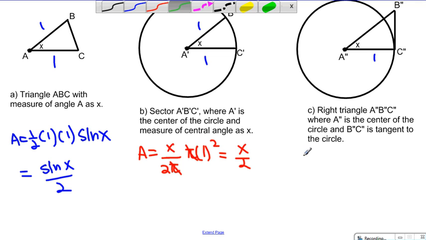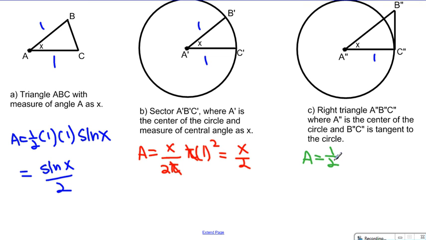Once again, the area is 1/2 base times height. The base is A double prime C double prime, which is equal to 1. If this is the base, because this angle is a right angle, the height will be B double prime C double prime. Knowing the relationship between x and 1, we can realize that the length of B double prime C double prime is simply tangent of x.